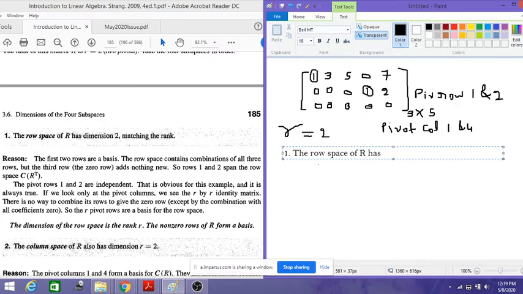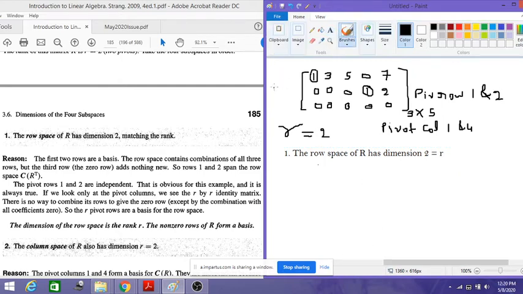How many non-zero rows do we have? It is equal to 2, so the dimension is 2, which is equal to the rank of the matrix.